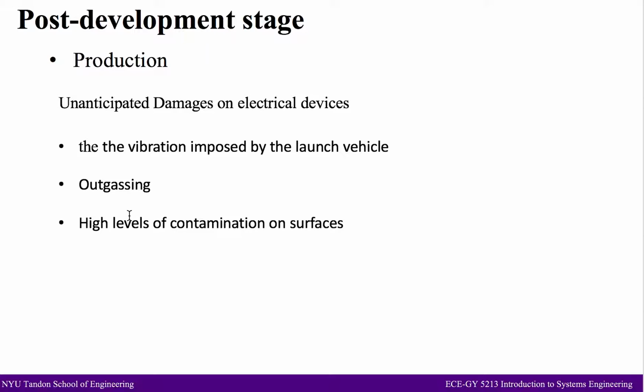So the first difficulty for the production of space electronics to overcome is the vibration imposed by the launch vehicle. The demands placed on a rocket and its payload during the launch are severe.